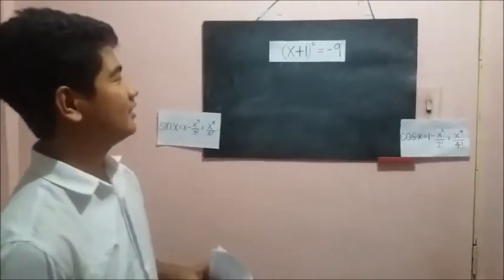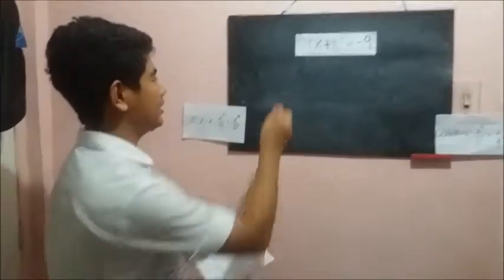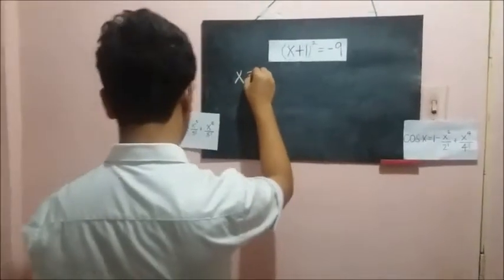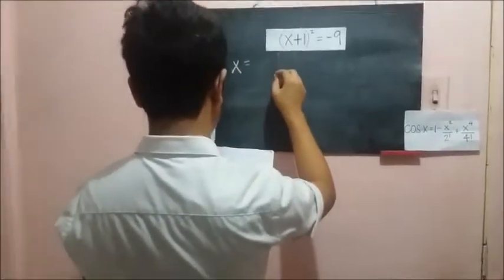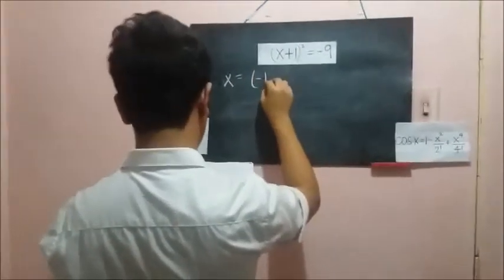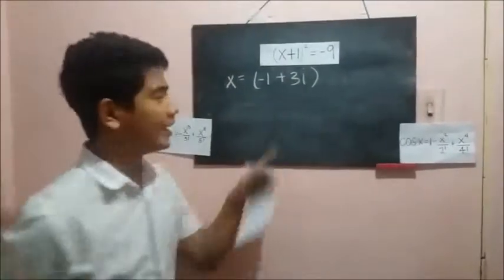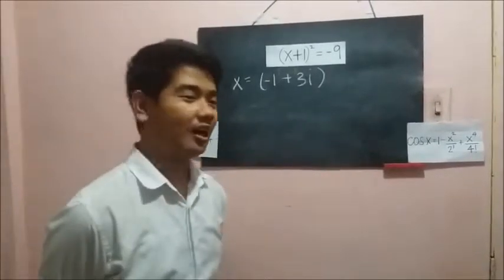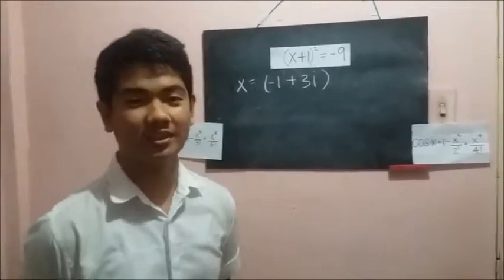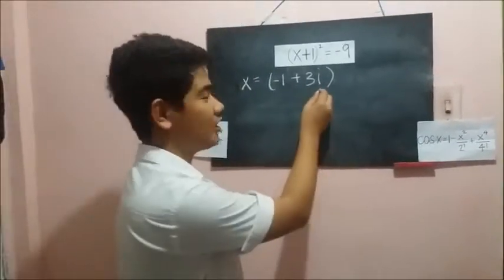we can substitute x to be negative 1 plus 3i. We can notice that we are now using the imaginary i for our solution.